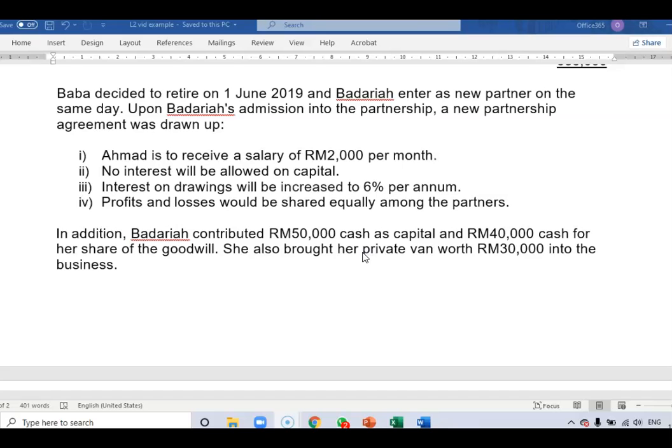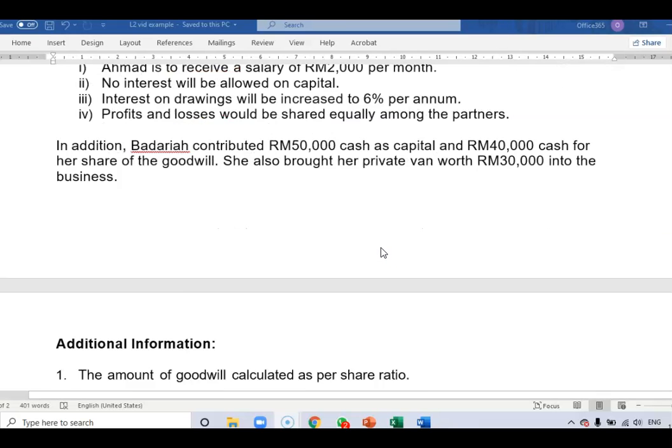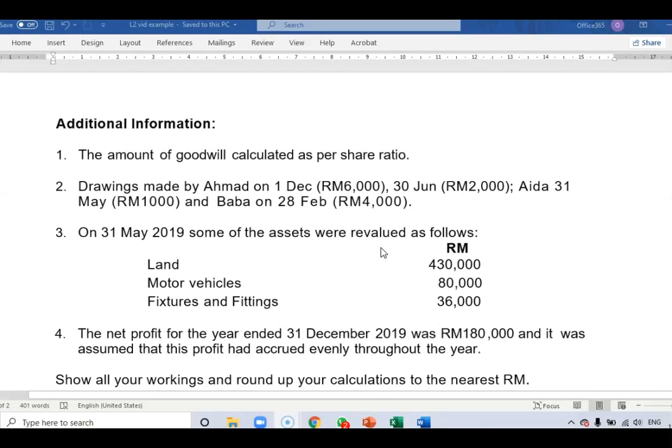And Badaria also brought a private van worth 30,000. This affects your partners' capital statement later.